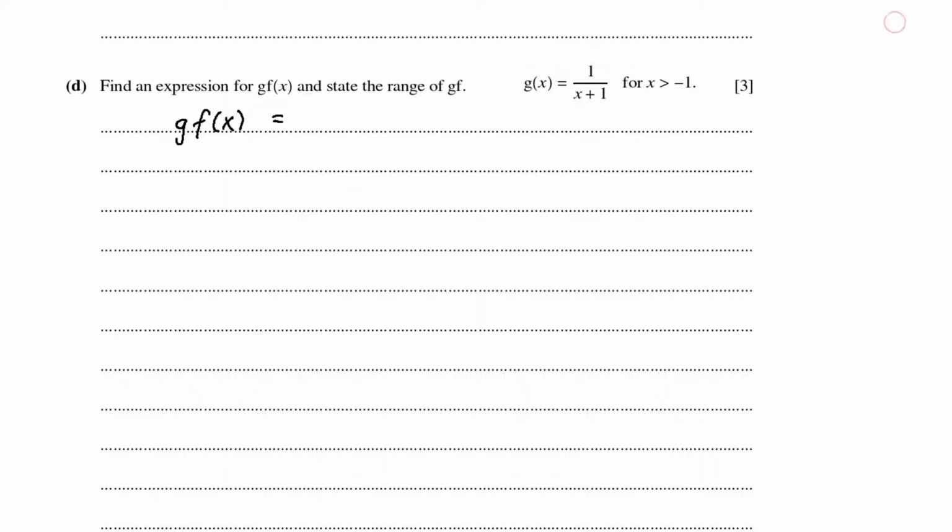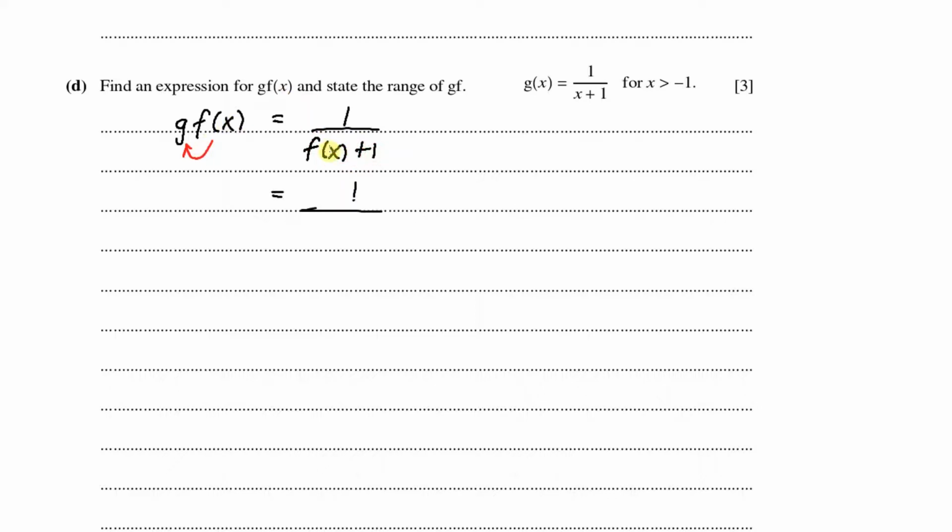So we have information that g of x is 1 over x plus 1. So when we have g of f of x, it means that f of x is an input into the function of g, which means that we can have 1 over f of x plus 1.